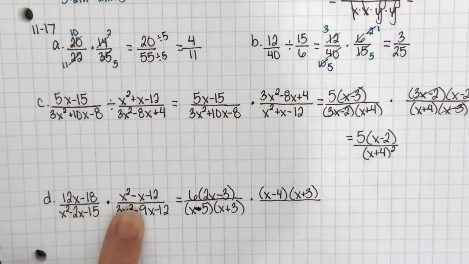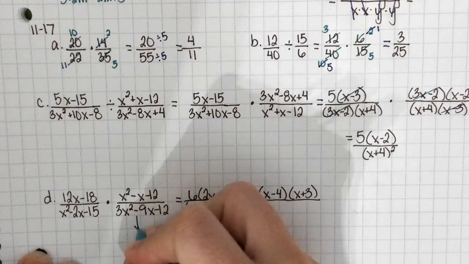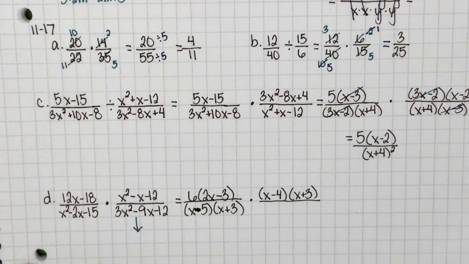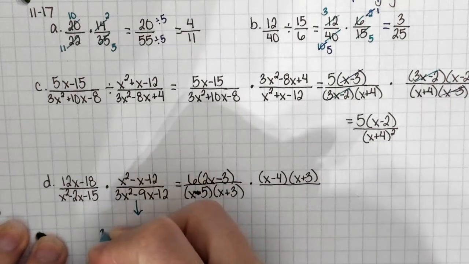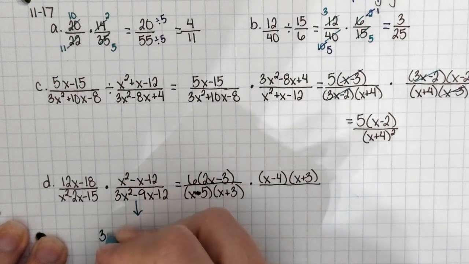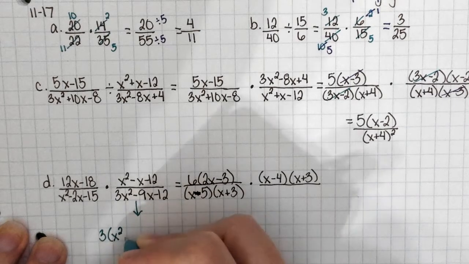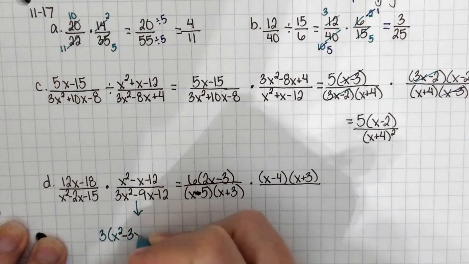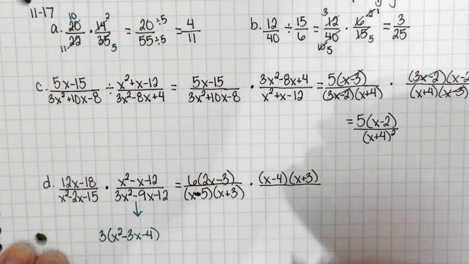Over, this one I want to kind of do a little separately. So here, for this second denominator, 3x squared minus 9x minus 12, it has a common factor, a GCF, of 3. So if I factor that out, I get 3 parentheses x squared minus 3x minus 4. And then I would factor these parentheses.